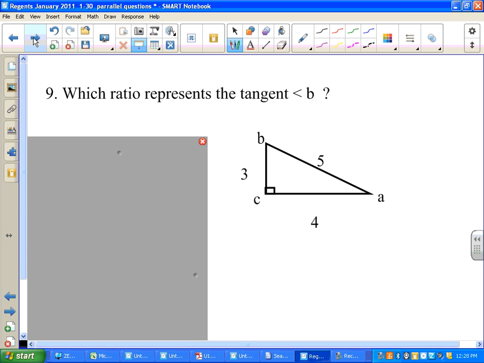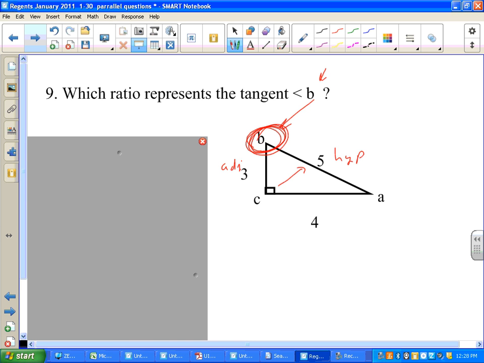And here's the tangent. I changed it to angle B. Why did I change it to angle B? Because you still have the same hypotenuse, but now, instead of the adjacent being 4, the adjacent is 3. Why is the adjacent 3? Because angle B is touching the 3 side and the 5 side.